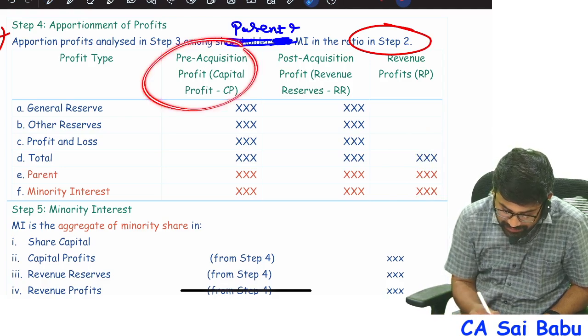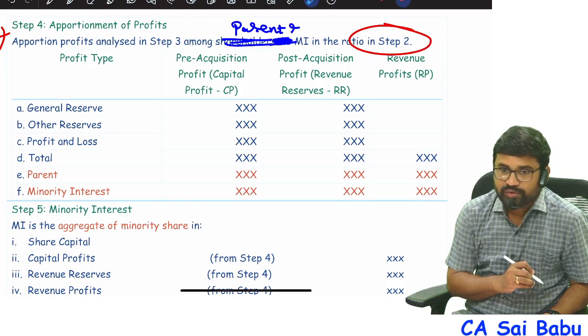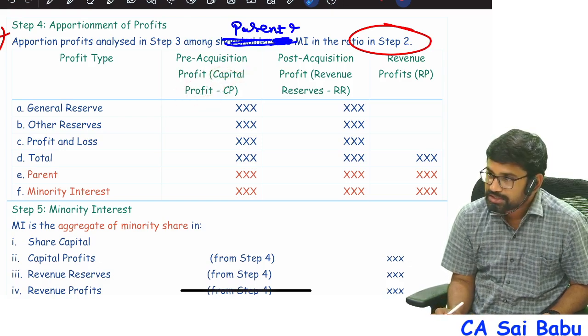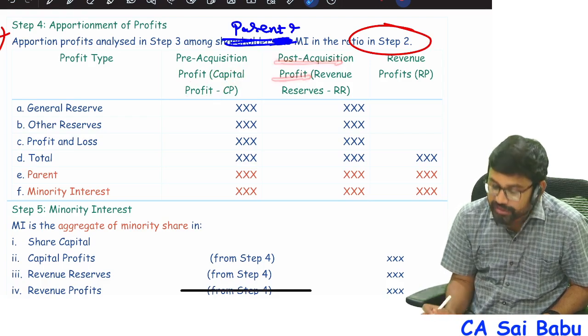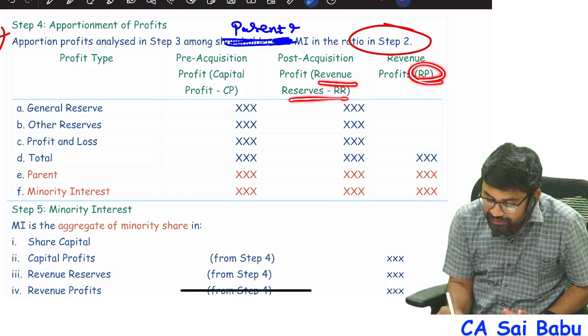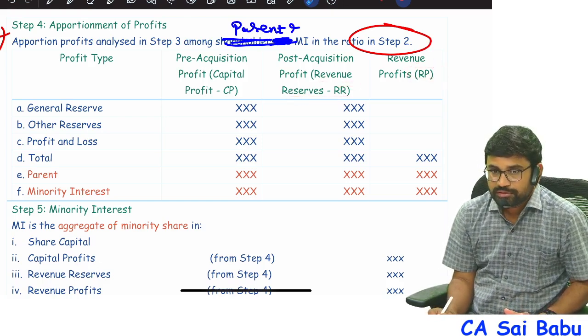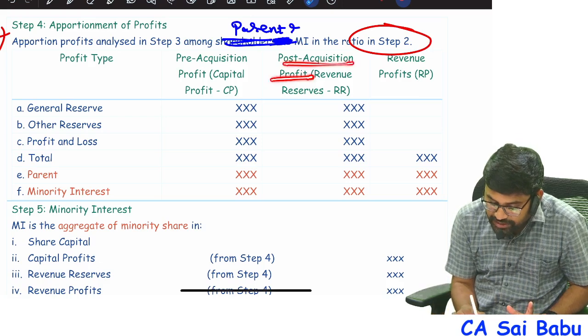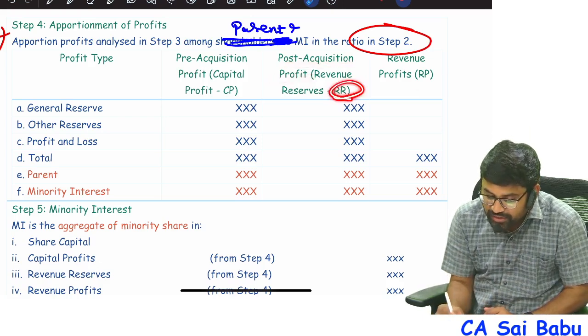First, pre-acquisition profits. I told you all pre-acquisition profits are capital profits. Next, post-acquisition profit. Post-acquisition profit can be revenue reserve or can be revenue profit.